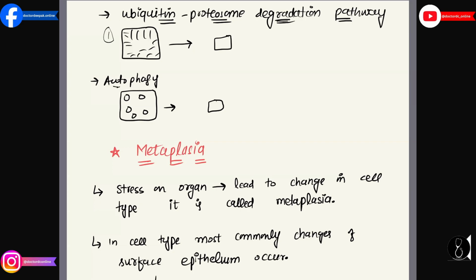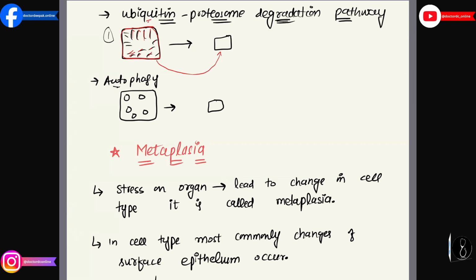Let's understand. So this is the cell, and inside the cell there are cytoskeleton proteins. Let's suppose this cell is going to decrease its size. How will that cell decrease its size? Whenever the cell is going to decrease its size, in the cell there is one protein which is called ubiquitin.